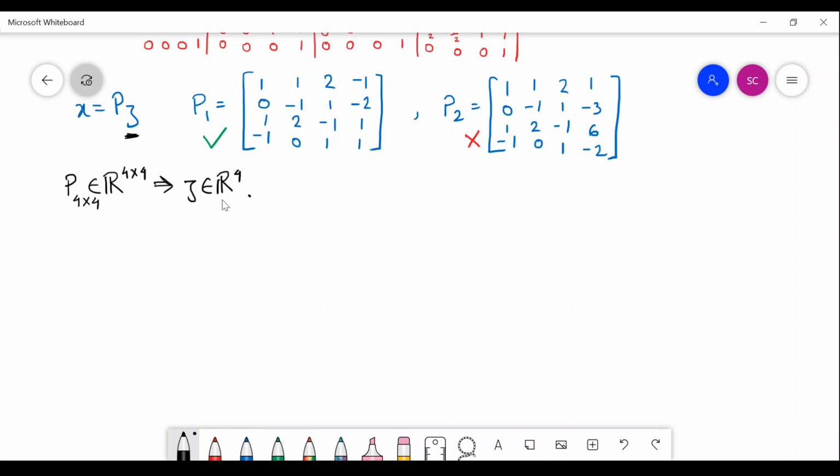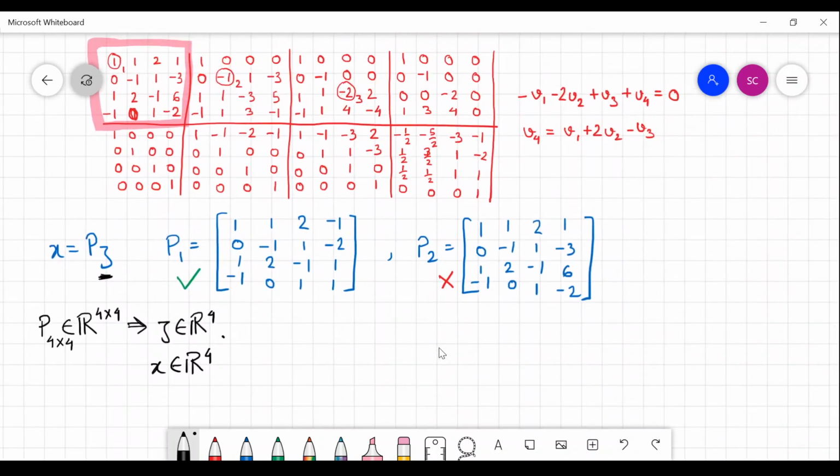Z comes from a fourth dimensional space, so it is like some vector which has 4 elements, and you multiply it with P. So if you multiply with a P which has all independent column vectors, then you will get an x which is also in R4.